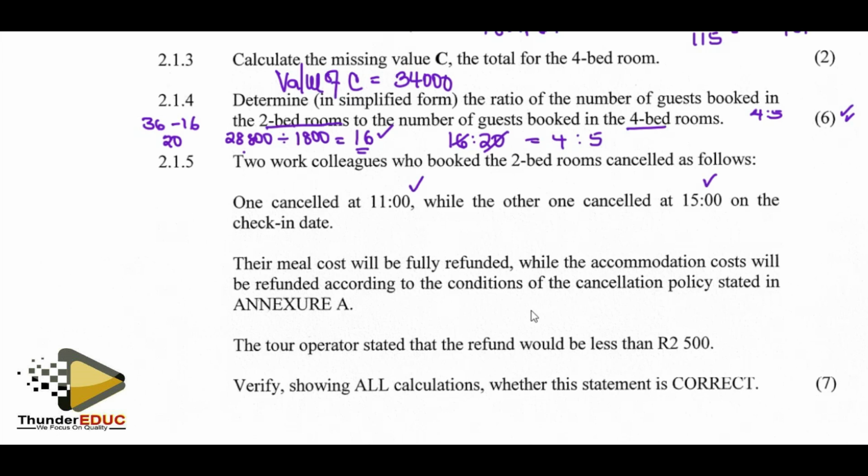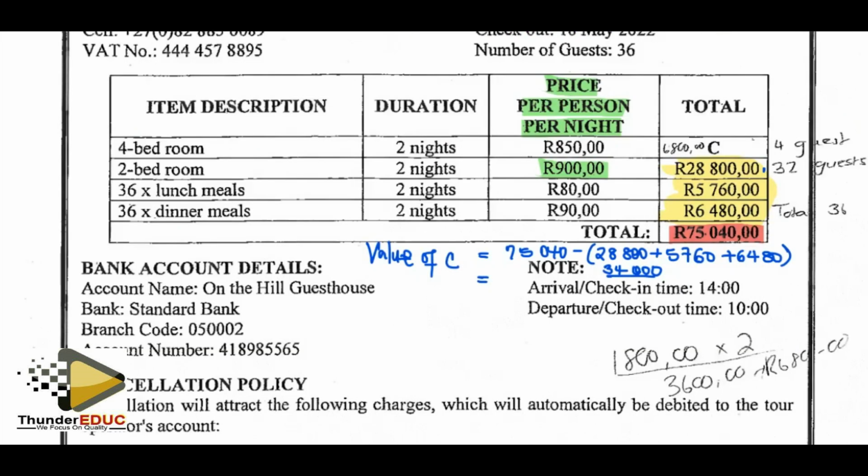So we are going to calculate this according to the conditions in the next chapter. Their meal cost will be fully refunded, while accommodation costs will be refunded according to the conditions on the cancellation stated in the annexure. The tour operator stated that the refund would be less than 2,500. All right, let's check and see the annexure.